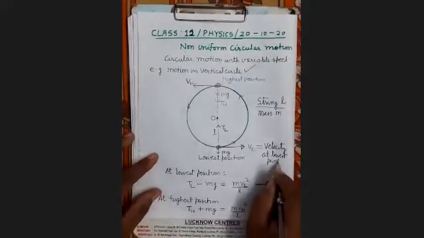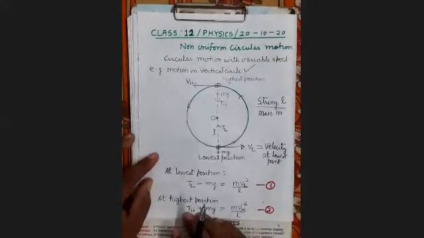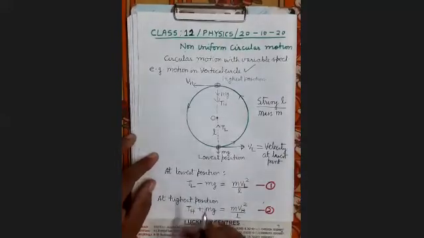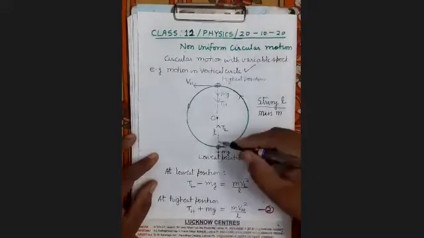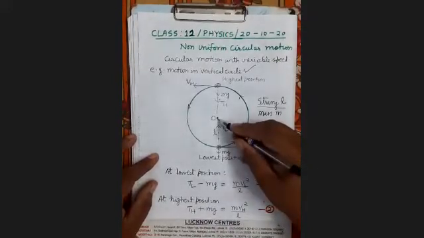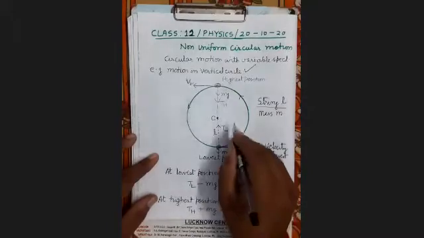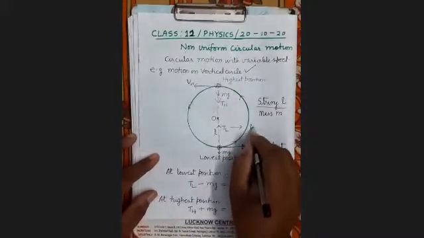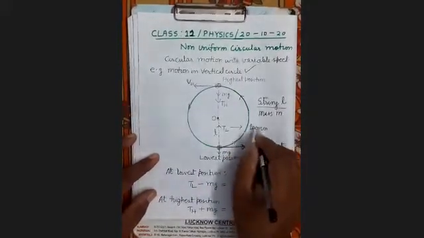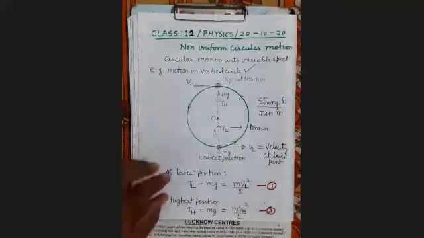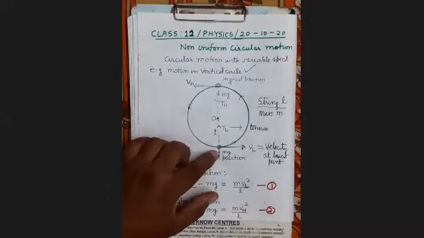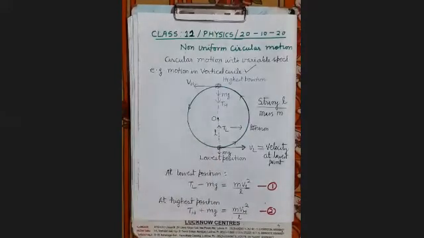Now, how many forces are acting upon the body at the lowest point? One is its weight mg acting vertically downward, and another is the tension in the string. This TL is the tension in the string when the body is at the lowest point. The resultant of these two forces will provide the necessary centripetal force.